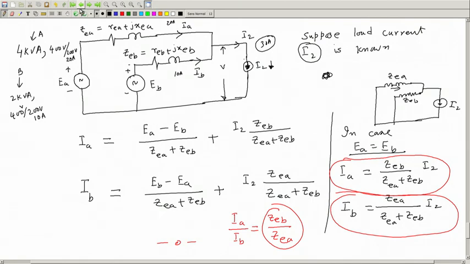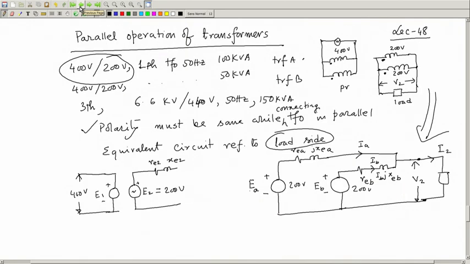Recall that in our last class I took an example and said that suppose you have two transformers, transformer A and transformer B. If you want to connect them in parallel, it means connecting the primaries of transformer A and B in parallel and energizing them with the rated voltage.